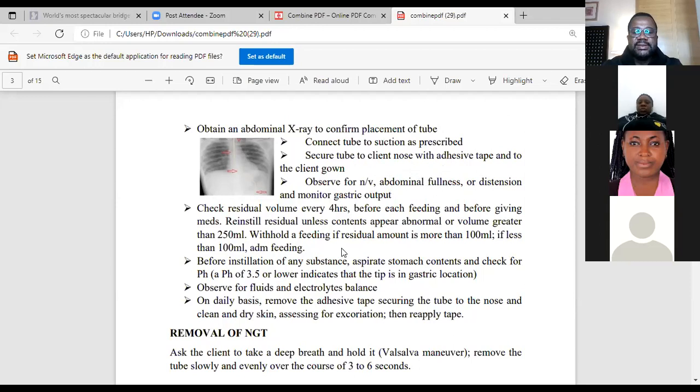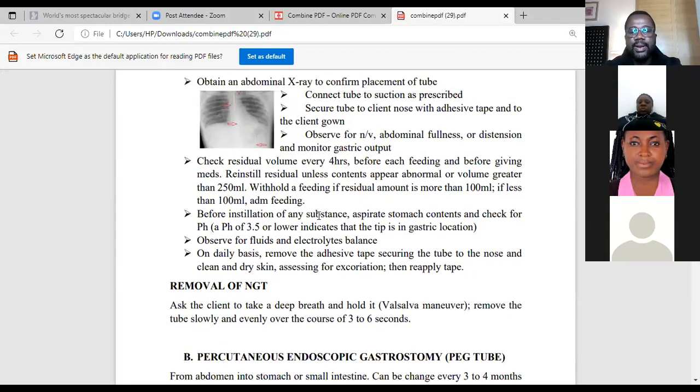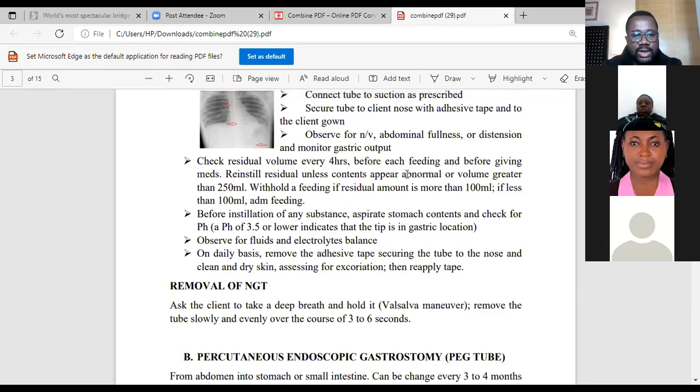Now, next is you have to check for residual volume. Every 4 hours, when the tube is already in place, and maybe you want to administer food or medication, checking the residual every 4 hours is also to make sure that the NG tube is patent and in place, and every time that you want to feed the patient, okay, you have to check.